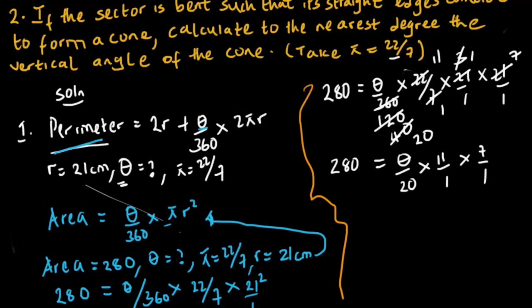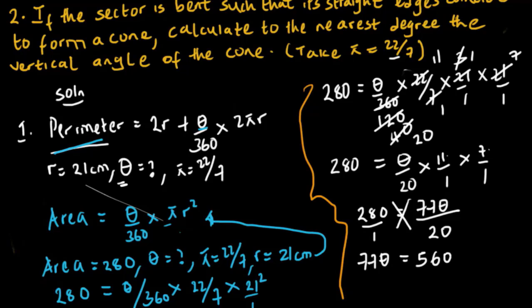Does this make sense? So I have 280 equals theta times 11 times 7, which gives 77 theta, all over 20 times 1, which gives 20. We can put this over 1. So we cross multiply: 77 theta times 1 is 77 theta, equals 280 times 20, which gives 5,600.